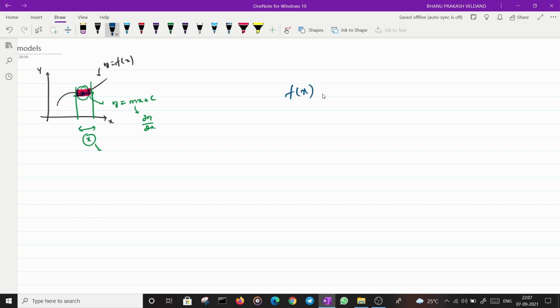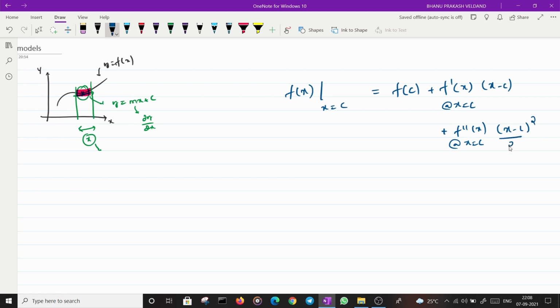Suppose I have to approximate f of x around x is equal to c. It's nothing but f of c plus f dash of x at x is equal to c into x minus c, plus f double dash of x at x is equal to c into x minus c whole square divided by 2 factorial, and the terms will go on.